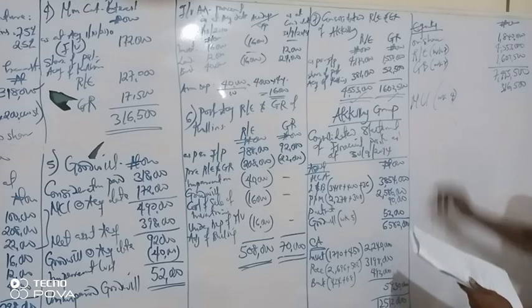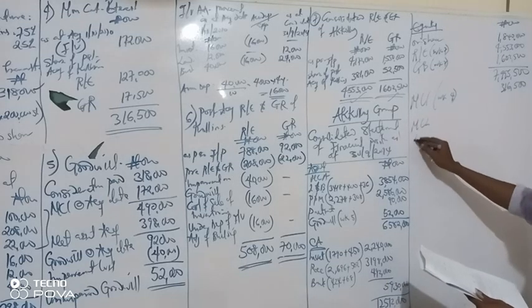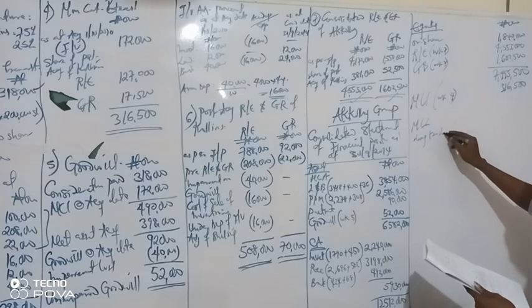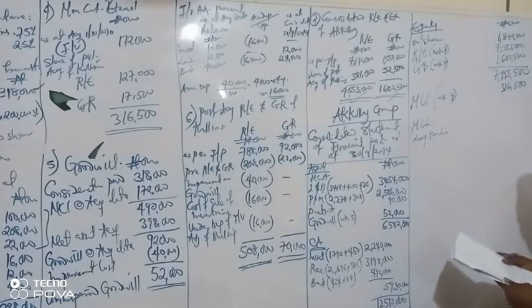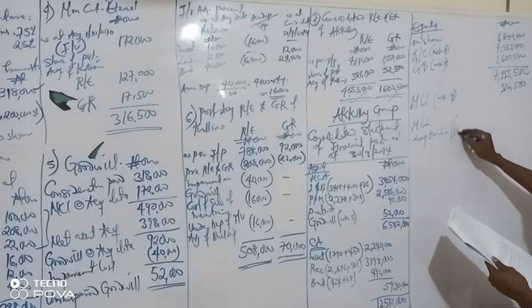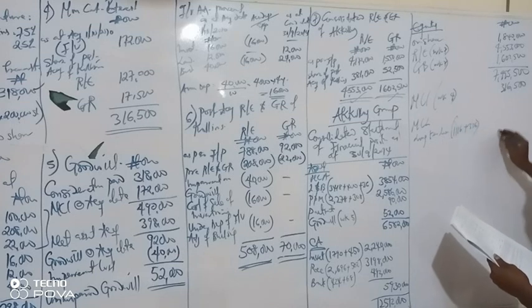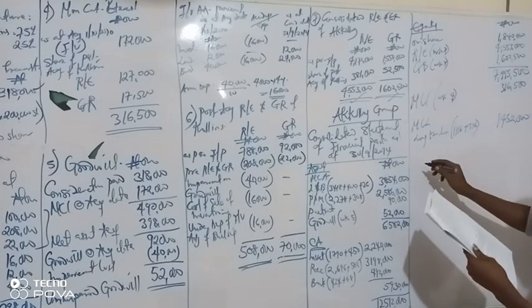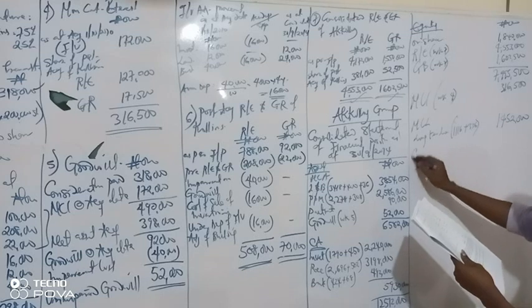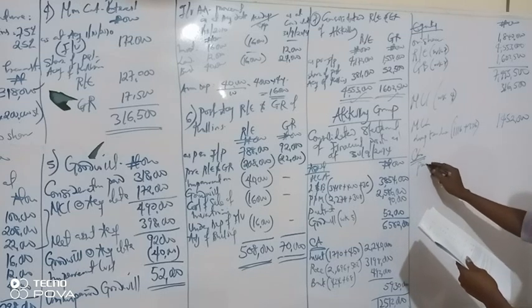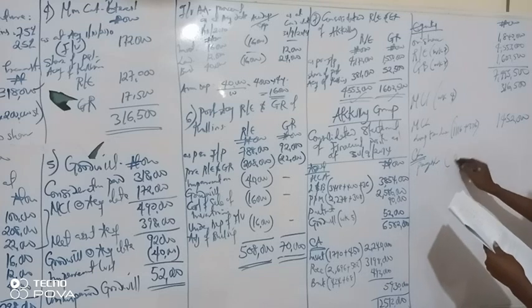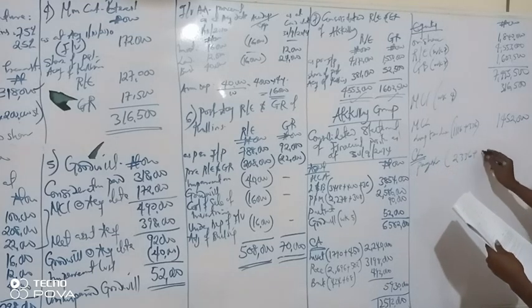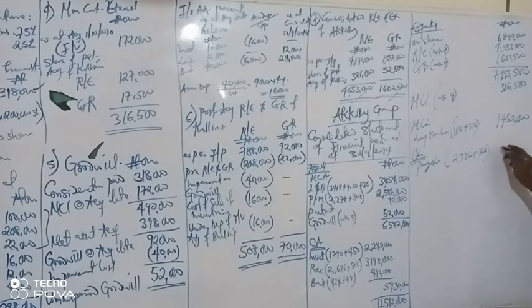Then our liability side, our non-current liability, long-term loan. We add them together: 1,116 plus 336, that is 1,452,000. Then our current liability, payables, 2,336 plus 366, 2,702,000.